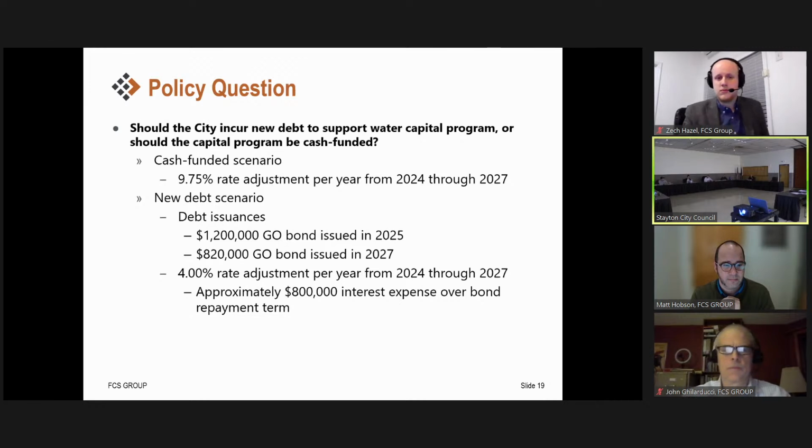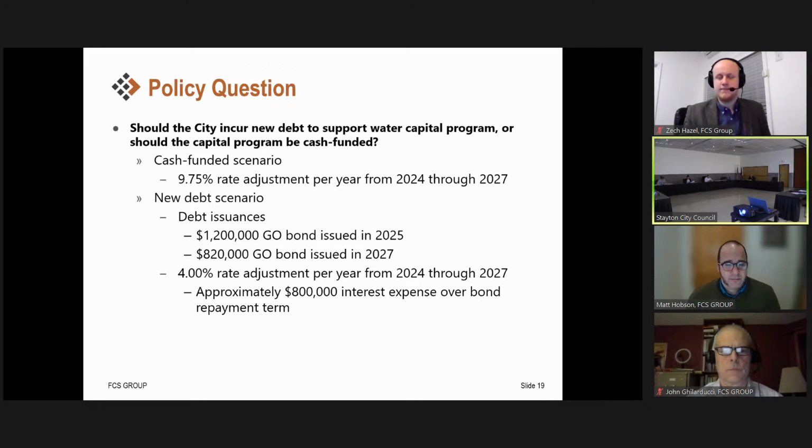I think those 9.75 increases are a lot for me. So I think something a lot closer to the 4, or if there's some other options that are maybe a little lower, that would definitely be more the direction I would like to go. Counselor Ort.